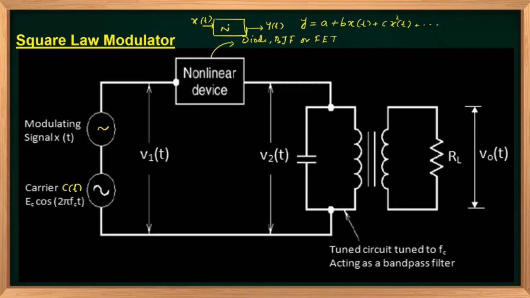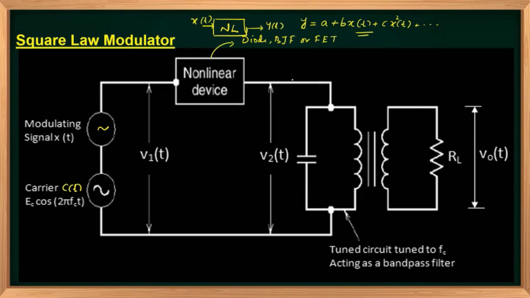So this is a nonlinear system which will produce a constant value, a term proportional to the input signal, a term corresponding to the square of the input, and so on.